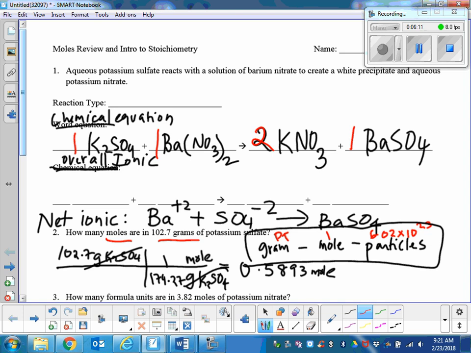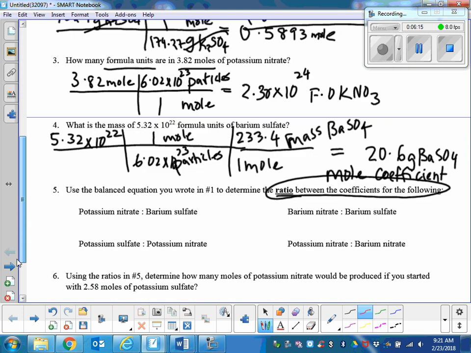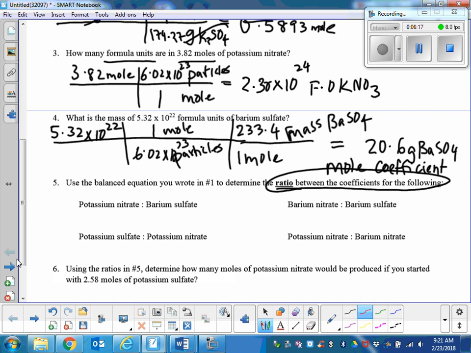Is that understood? So in this case, if they ask me what is the ratio between potassium nitrate and barium sulfate, do I get the ratio to be 2 to 1? That is my mole ratio. What is my ratio between potassium sulfate and potassium nitrate? Is that 1 to 2?